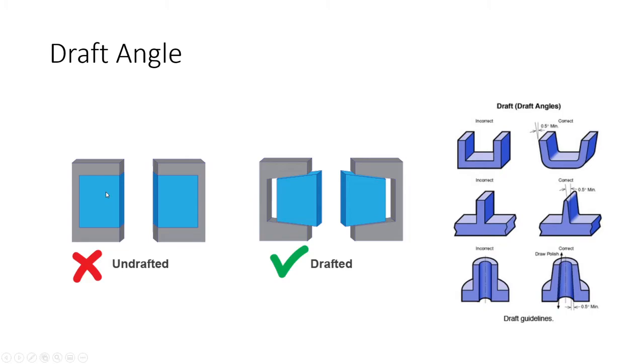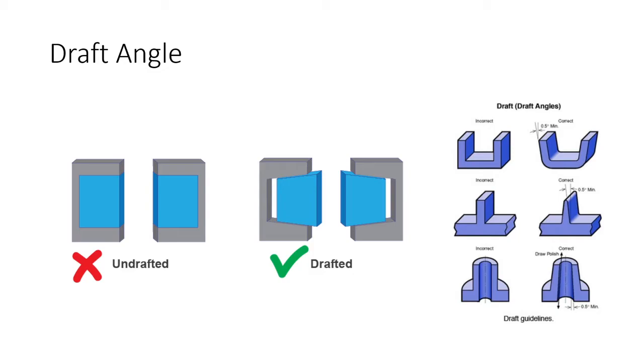Okay. Before we start working with SolidWorks, there are a few things that need to be addressed. One of the important things is the draft angle. A draft angle is just a slant that is applied to each side of most features or of the object that you're creating in an injection molding part.